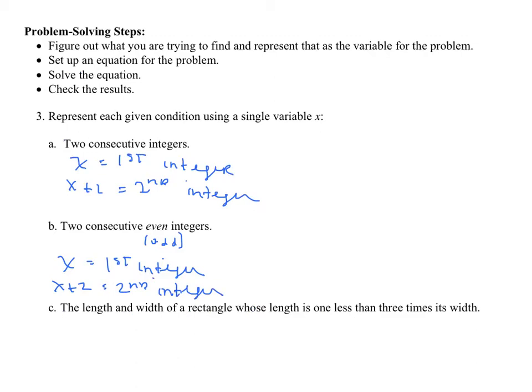All right, now see, the length and width of a rectangle. We want to represent them, whose length is 1 less than 3 times the width. So let's let x be the width.